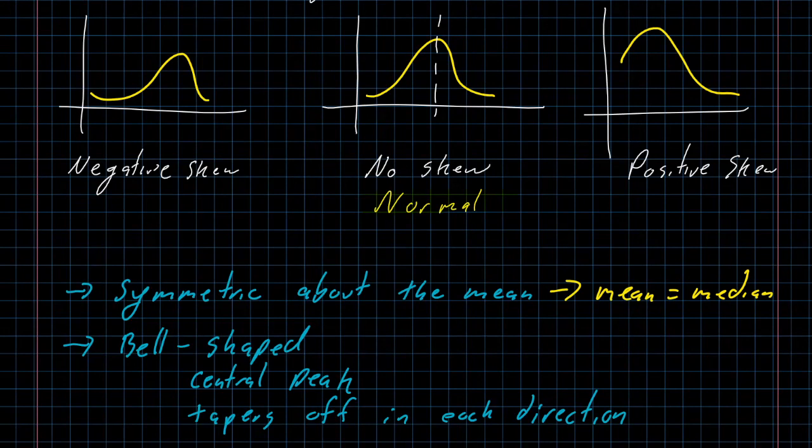And the median is the point where the same number of scores are to the left and to the right. Because of that symmetry, that peak happens in the center. The peak is the mode. So the mean has to equal the mode. That is a requirement of these two properties.